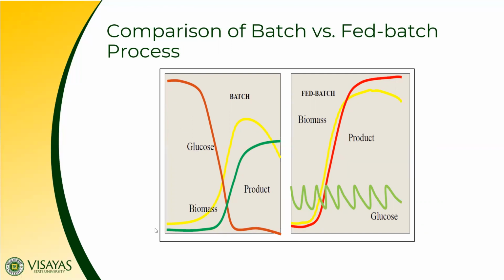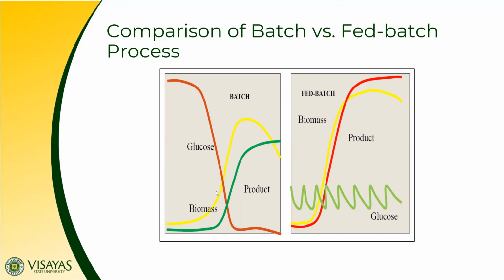The product is proportional to the biomass, so the product is also increasing. So those are the characteristics based on the graph, based on glucose, biomass and product in the batch fermentation process.